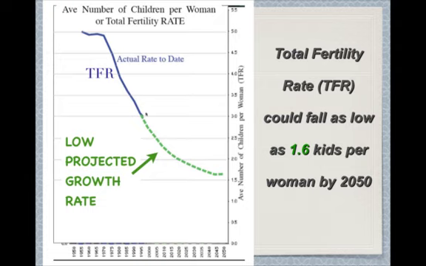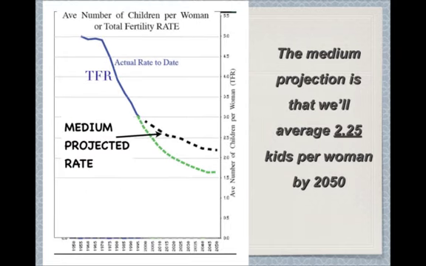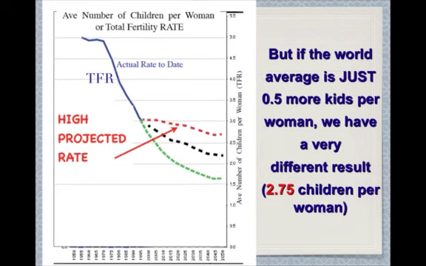Okay, quickly, the projections. One projection is that the number of children per woman could fall as low as 1.6 children per woman by 2050. The UN projects that the medium rate would be 2.25 kids per woman by 2050, and their high rate is 2.75 children per woman.